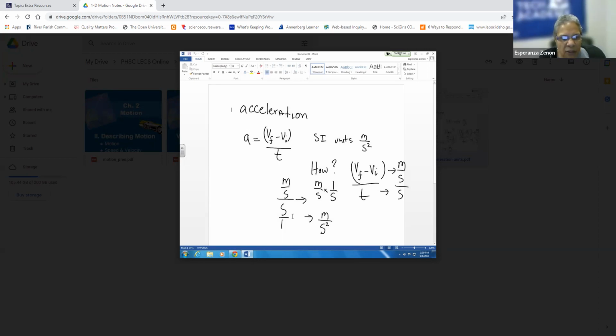So that becomes meters per second times 1 over seconds, because I just took the bottom and flipped it over and multiplied instead. So that becomes meters on the top, and seconds times seconds gives me seconds squared. That's why the unit for acceleration in the SI metric system is meters per second squared.